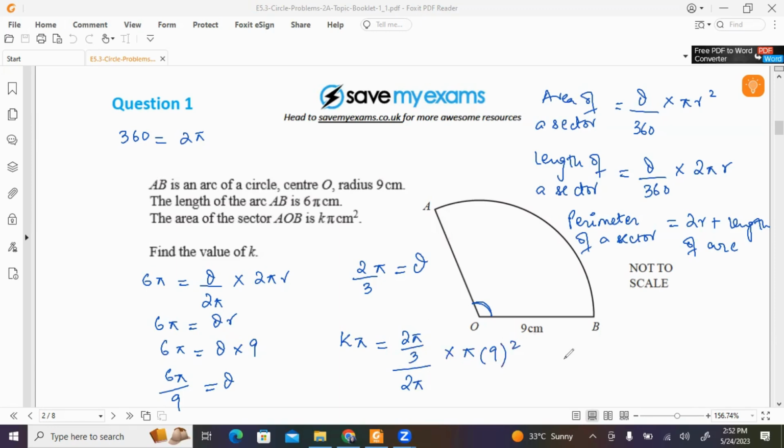If we rearrange this fraction, k pi equals 2 pi over 3 times 1 over 2 pi times pi times 81. The 2 pi's get cancelled out and we have 81 pi over 3. And 81 divided by 3 is 27. The pi's also get cancelled out, so k equals 27.